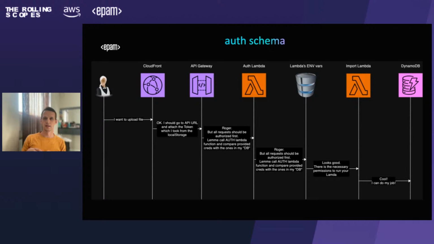And if this Lambda function succeeds, it will just create the necessary policies for the Lambda function triggered next, which is linked to this special endpoint. In our case, it's the file importing.